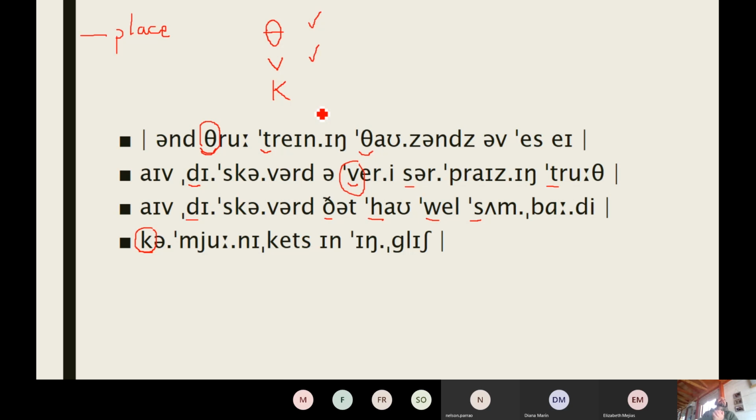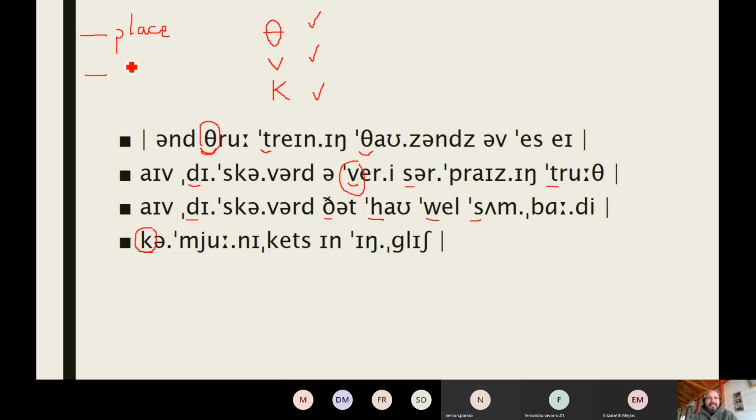The last one is velar. Velar, wonderful. You got it. Excellent. So in terms of place, we got this: interdental, labiodental, and velar.